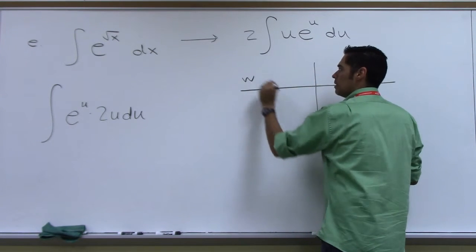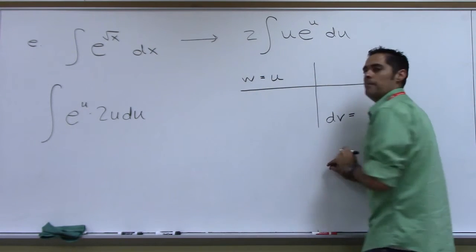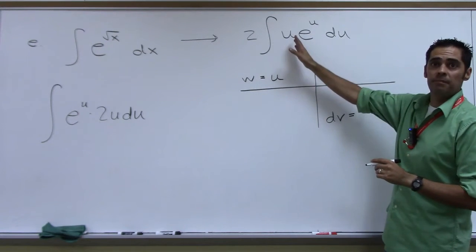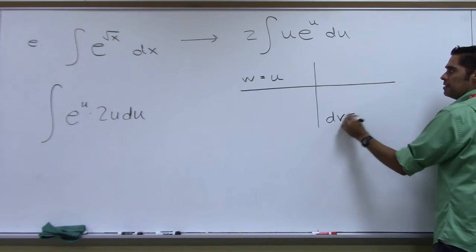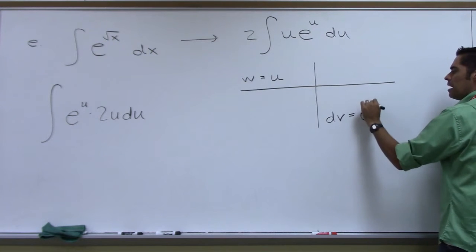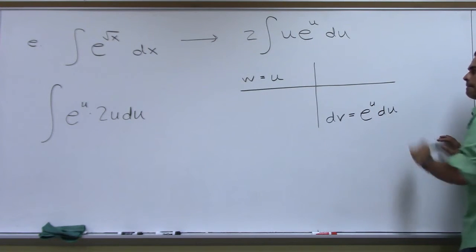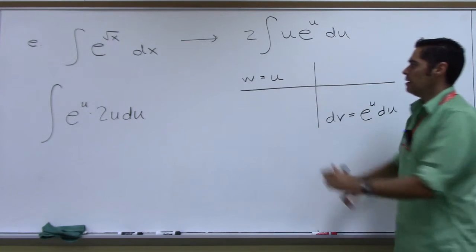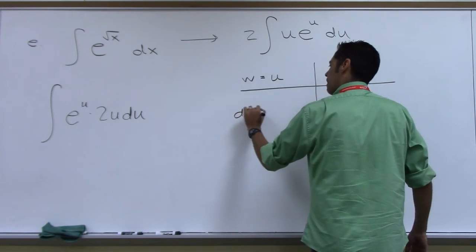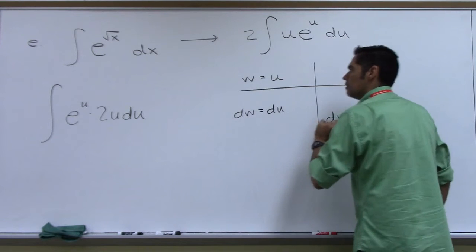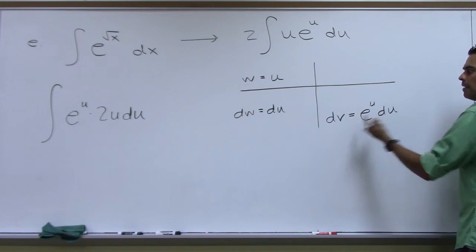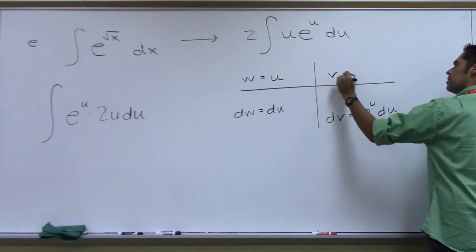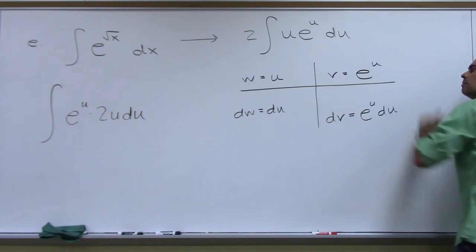W. So w is the u. dv is everything else that was left, e to the u du. And then work your table. Derivative down on this side. dw is du. Oh, yeah, right? And then up here, v is e to the u.